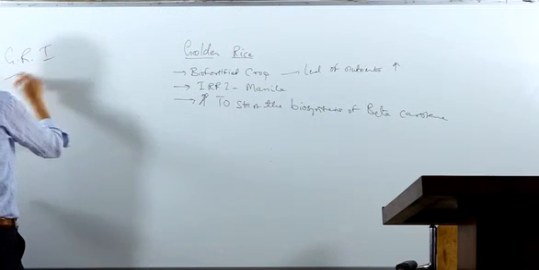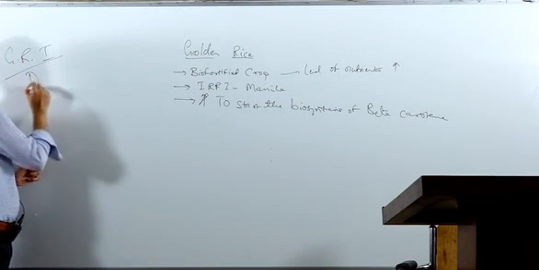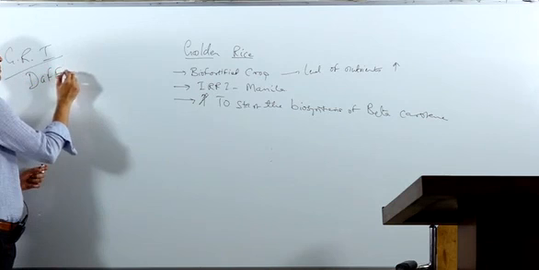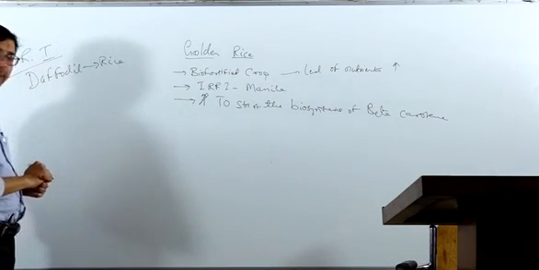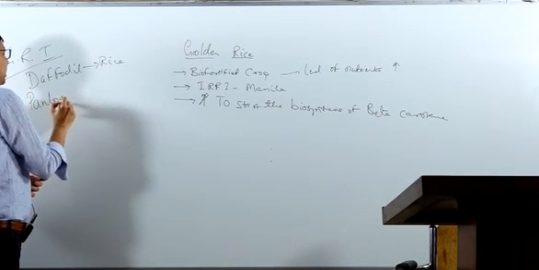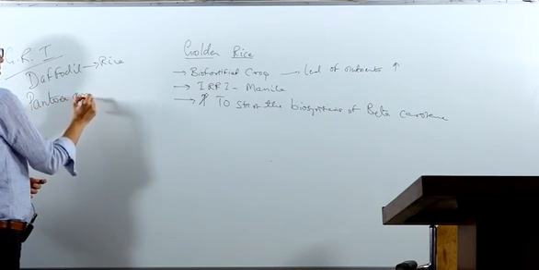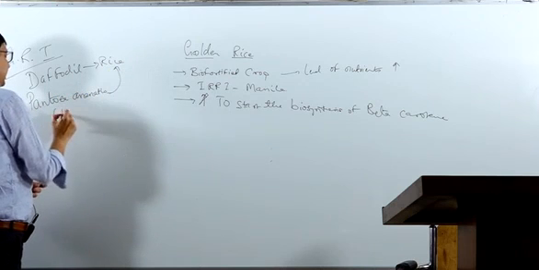In golden rice first generation, a gene was taken from the flower of daffodil. Daffodil is a very common flower, and the gene was transferred into rice. And another gene was taken from the bacteria Pantoea ananatis.